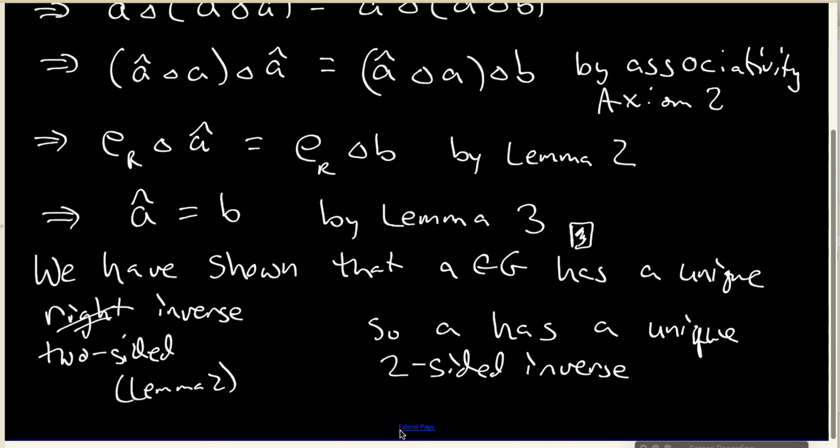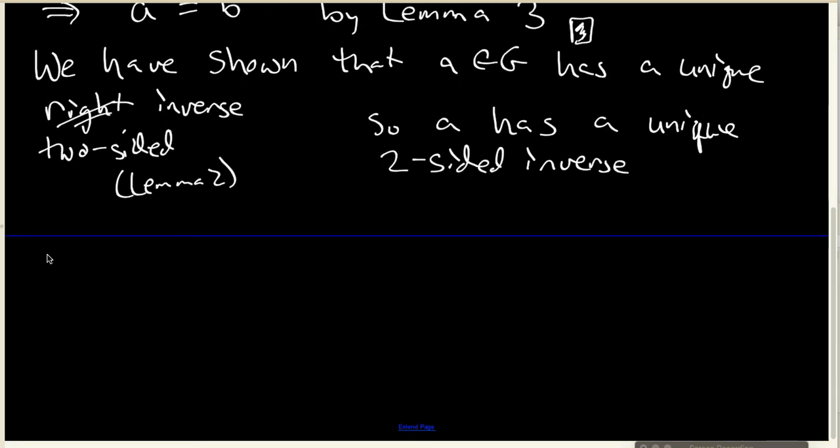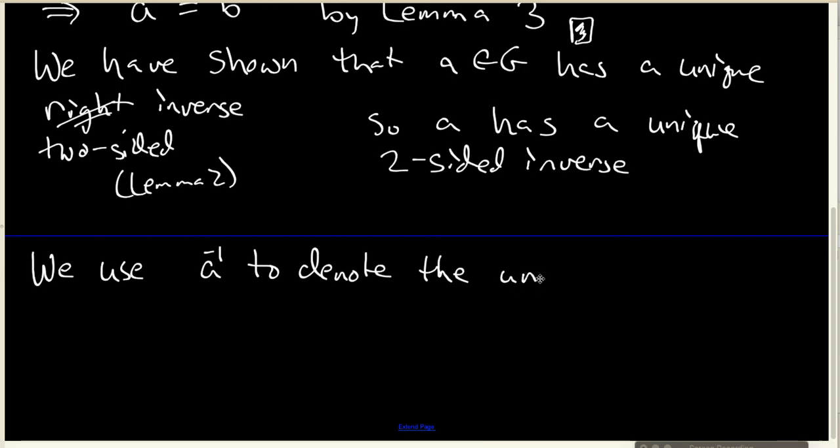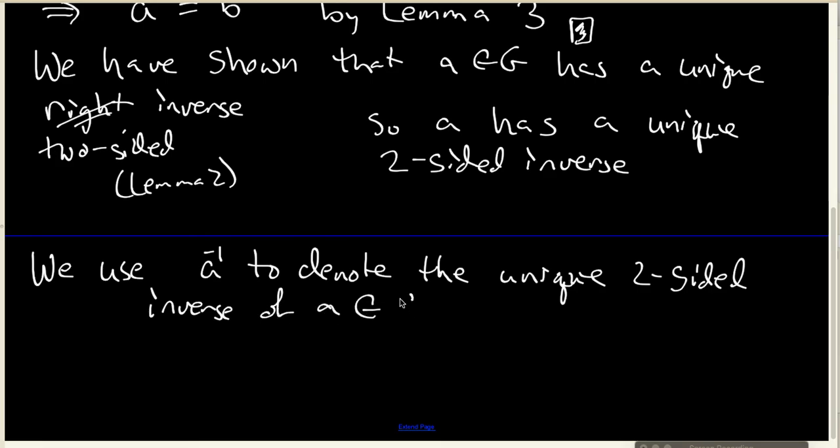And it is traditional to define and use the notation A to the negative 1 to denote the unique two-sided inverse of the element A inside our group G.